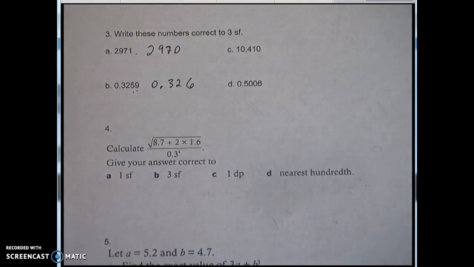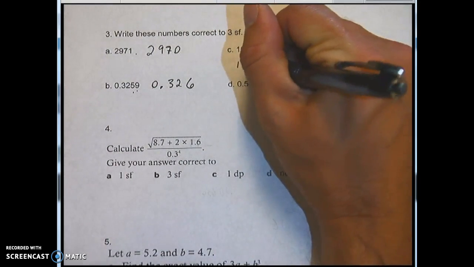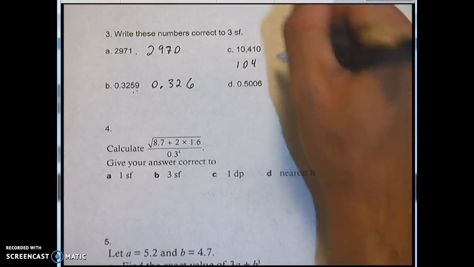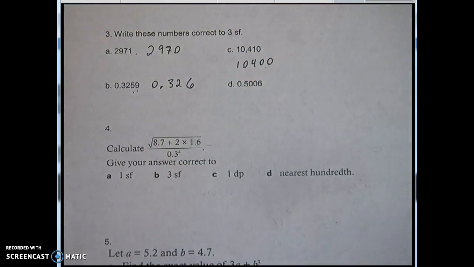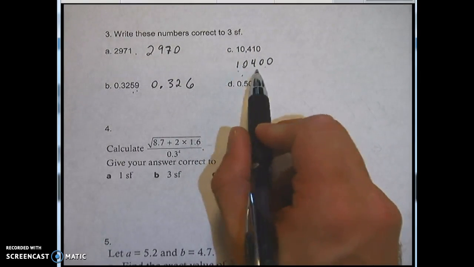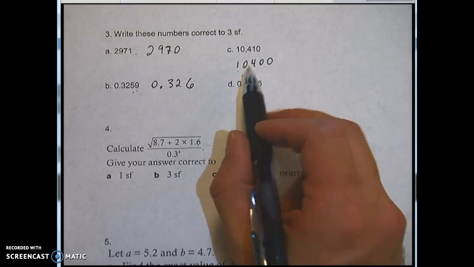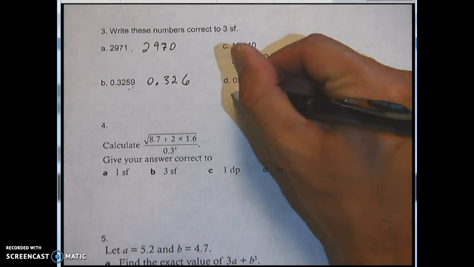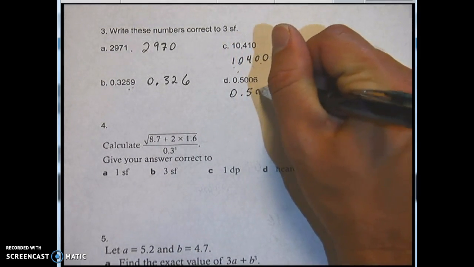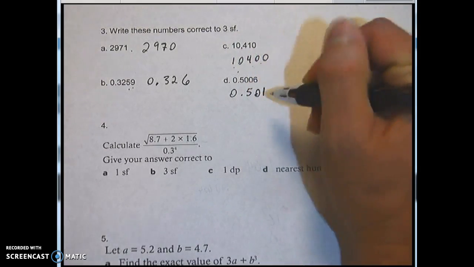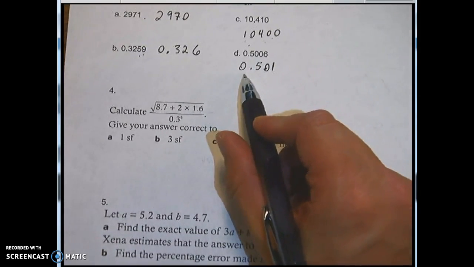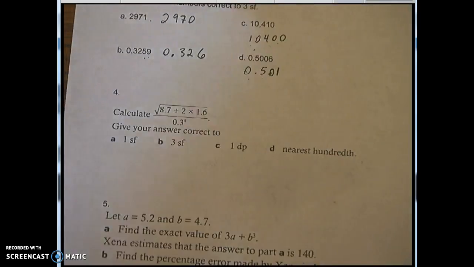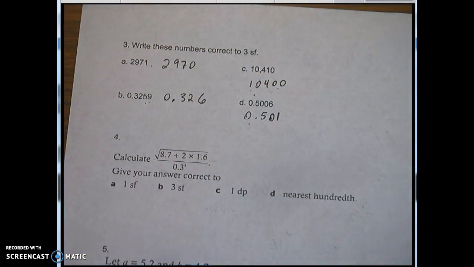That's 3 significant figures. 10400 is 3 significant figures. That 0 falls between the 1 and the 4, therefore it is significant. And last but not least, 0.501. That 0 is not significant, but that 0 is. And so those are all 3 significant figures.